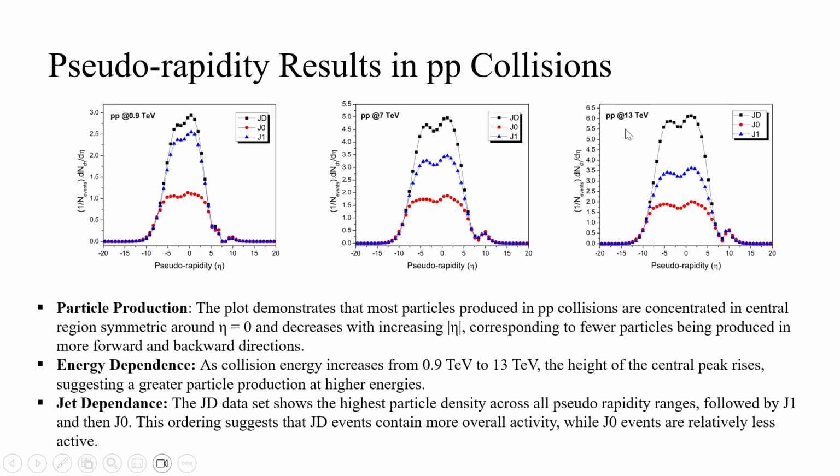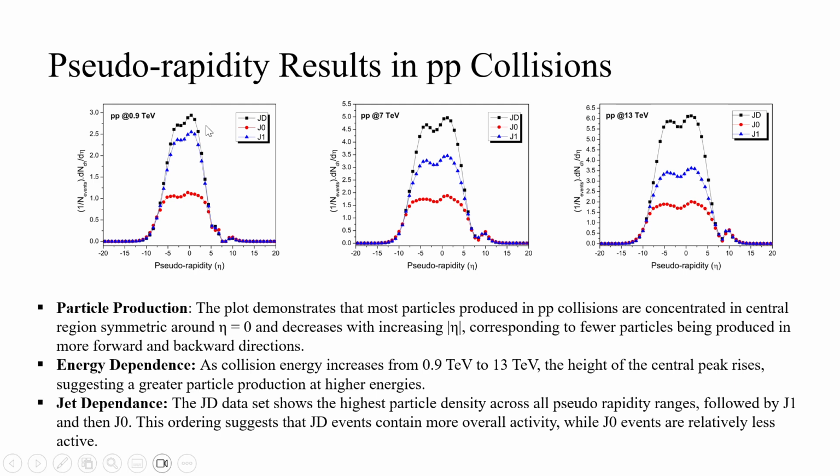Understood? Okay. So now let's compare the jet dependence of our data by jet variation. We are setting our jet as on, JD.